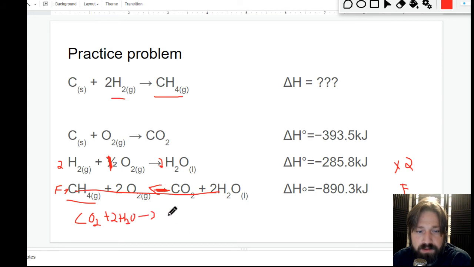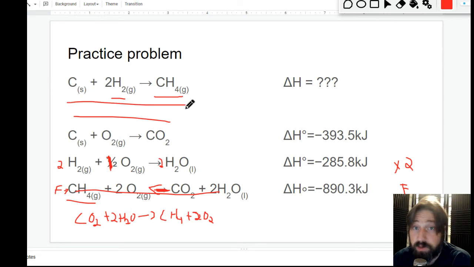H2O goes to methane and oxygen. All right, good. So now let's just make sure that all of this adds up to the reaction we're looking for. Okay, so we need to go through and see here. We got CO2.